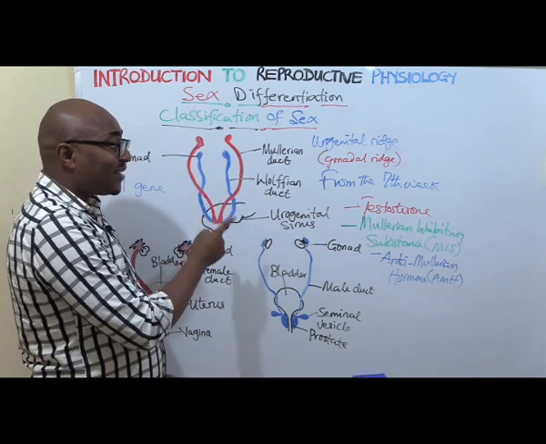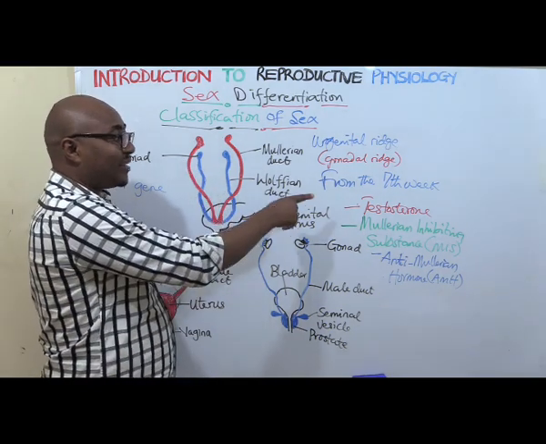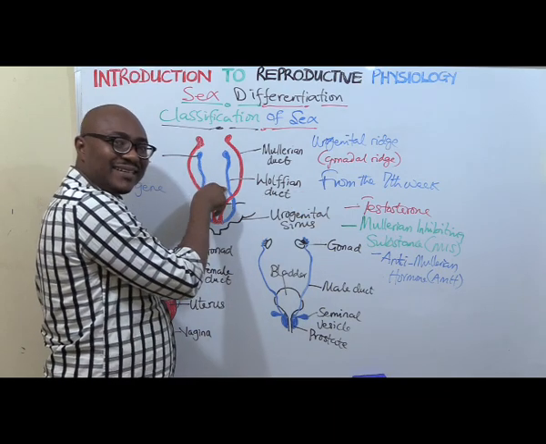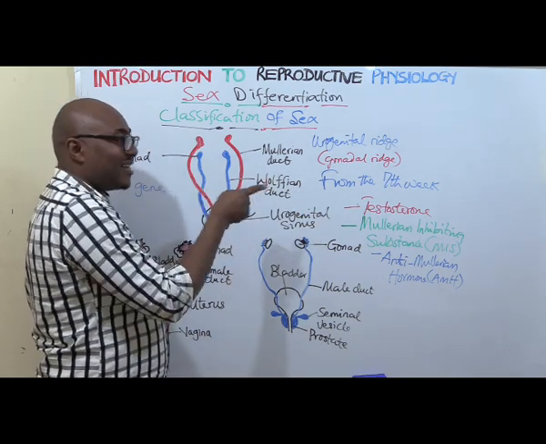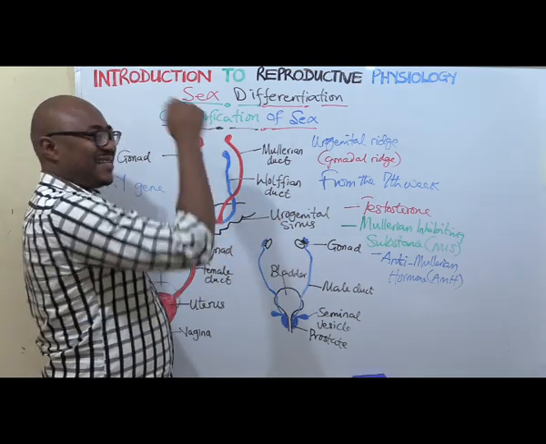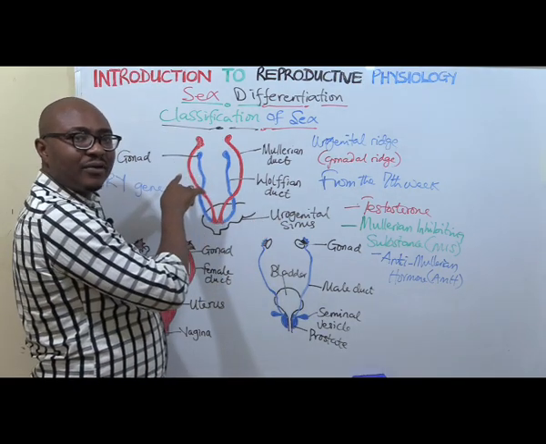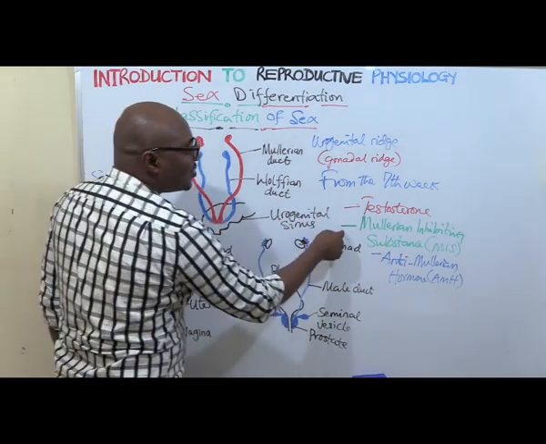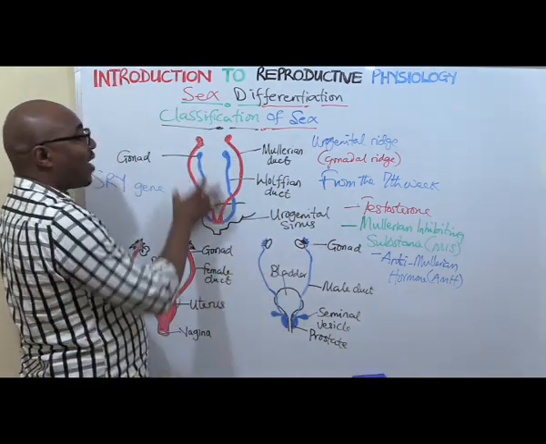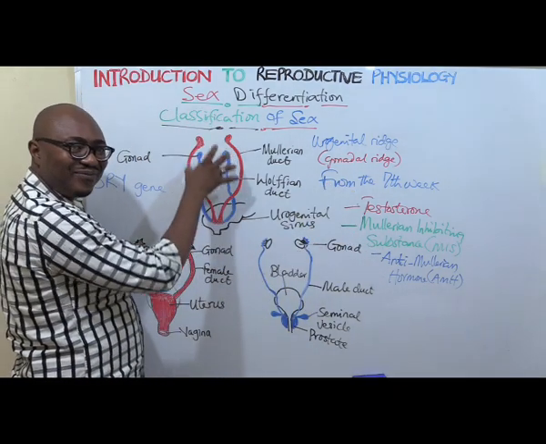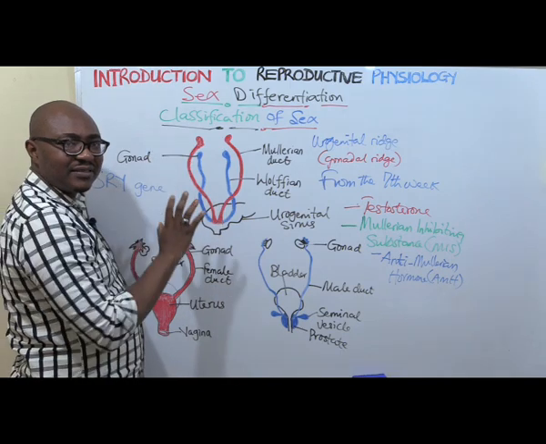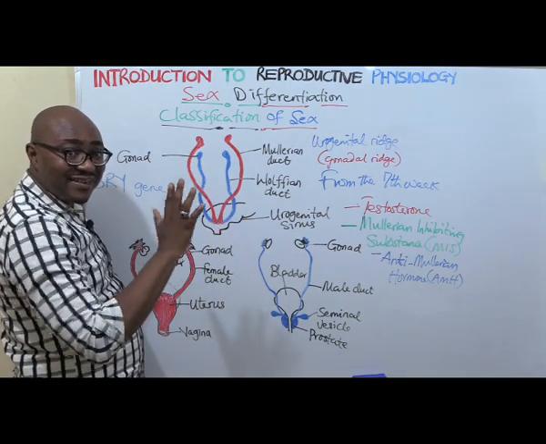So you must know the fact that one, testosterone is promoting Wolffian duct, and another, MIS is inhibiting. So these two have to be absent for you to have only the female reproductive system. Is that clear? Very easy.